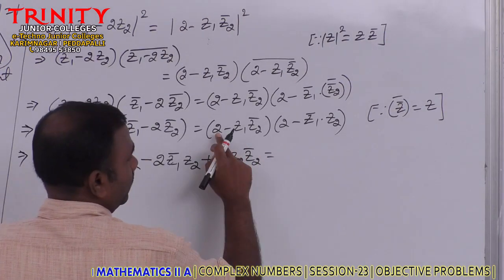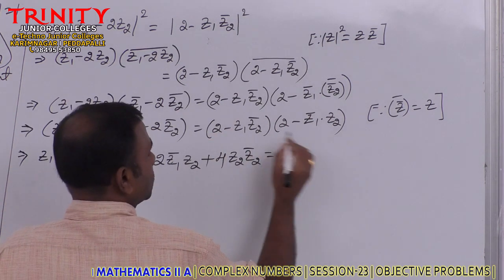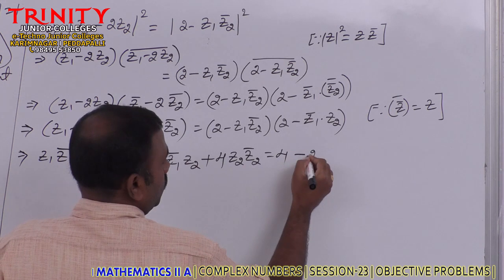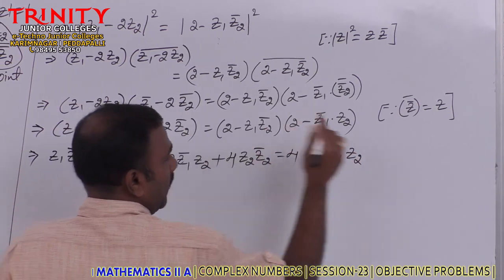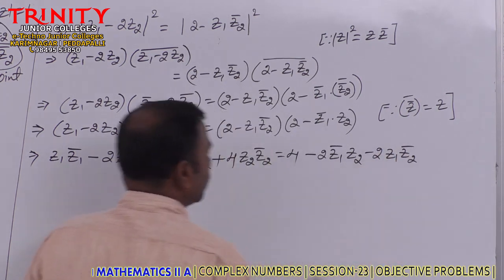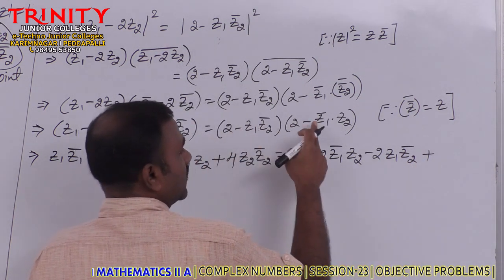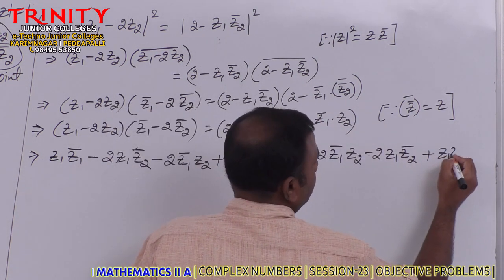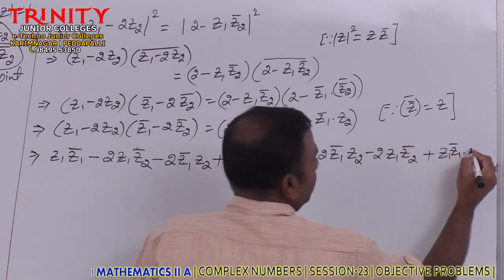Is equal to 2 into 2, 4, minus 2 Z1 bar Z2 minus 2 Z1 Z2 bar, minus into minus plus Z1 Z1 bar into Z2 Z2 bar.